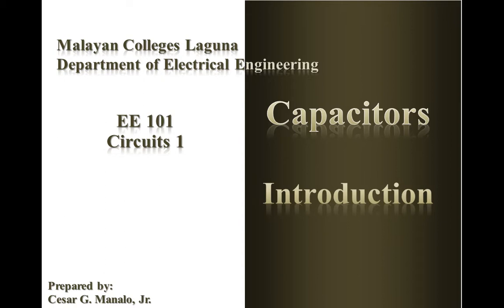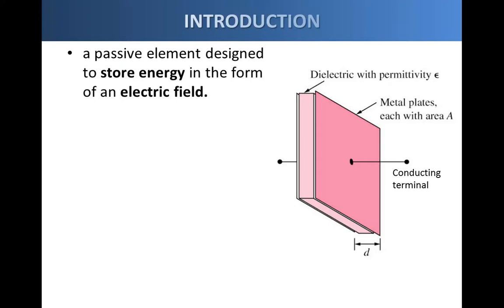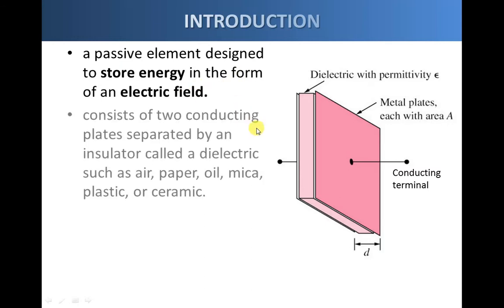So what are capacitors? Capacitors are passive elements that are designed to hold electrical energy in the form of an electric field. These capacitors are made of two conducting plates that are separated by what we call a dielectric material.